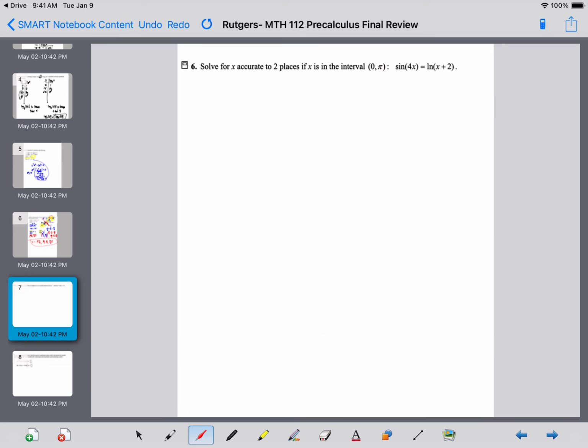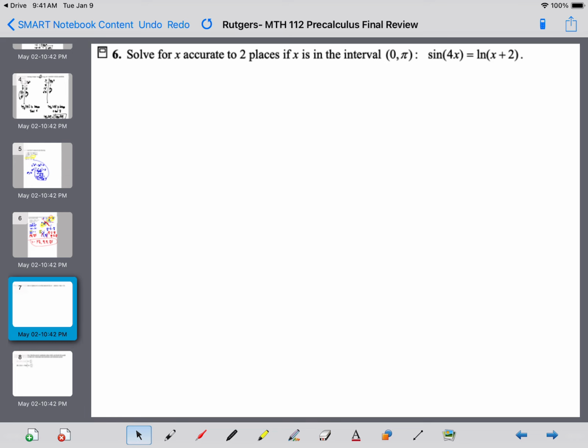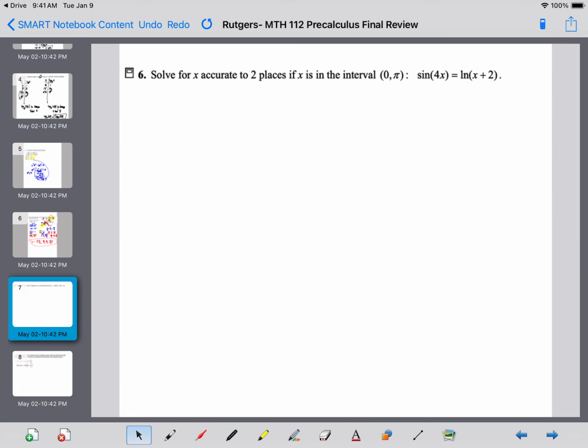Question 6. And this is a calculator active question. Solve for the x accurate to 2 places if x is in terms of 0 to pi. I know for your specific class, you're not supposed to use a graphing calculator, but it says for this department final that it was a graphing calculator active question.